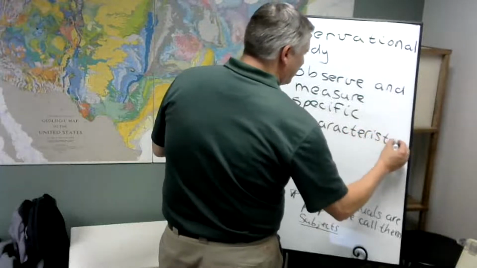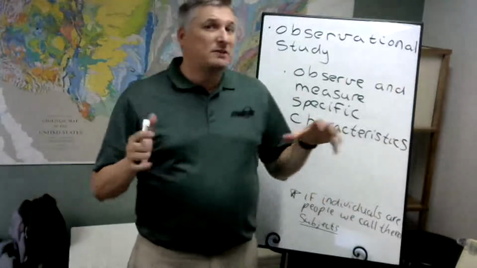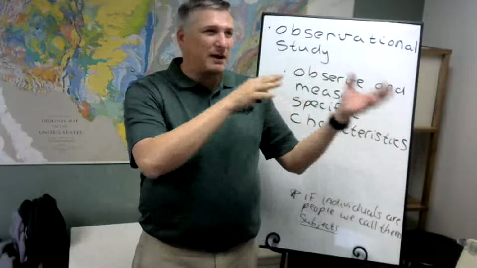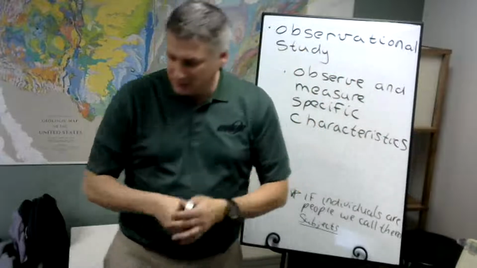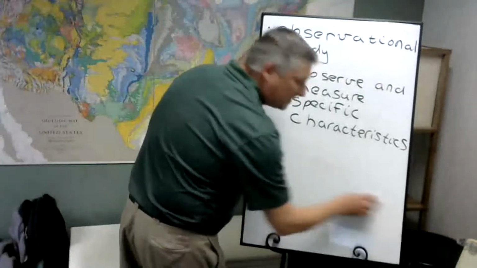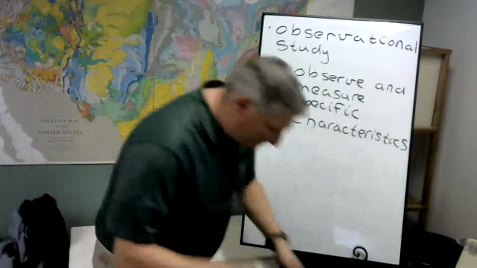Now, to be fair, in an experiment, we're going to do the same thing, but with an experiment, we've done something to change the environment. And then we're going to see how that might have changed some characteristics. Observational study is different. In this case, when we measure the characteristics, no changes were made beforehand.